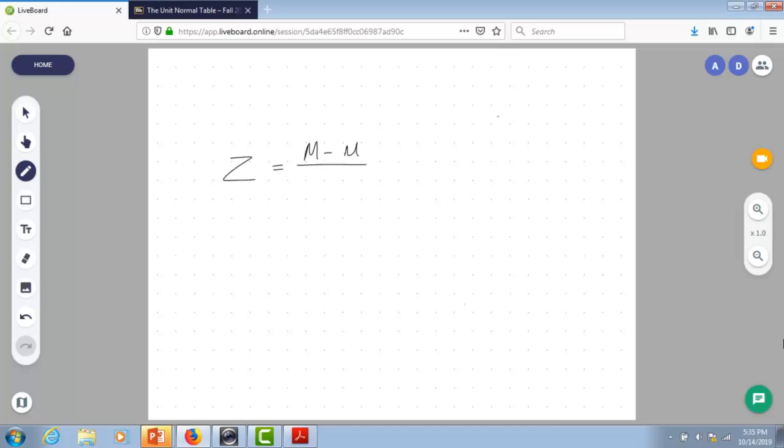So we have a sample mean minus a population mean over something called the standard error of the mean. Let's point out what each of these abbreviations and symbols mean. This is a sample mean. This is a population mean.